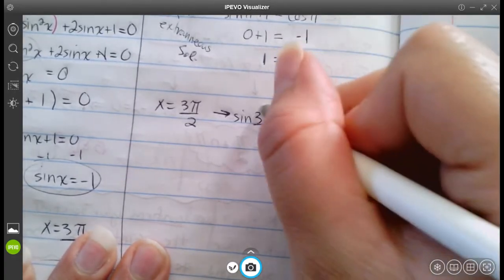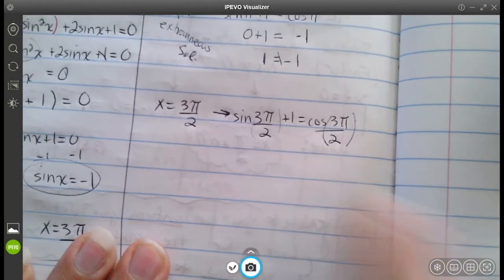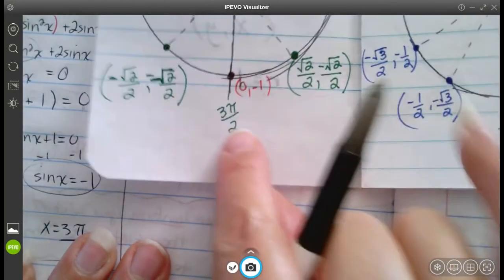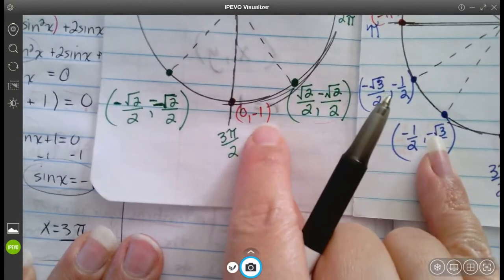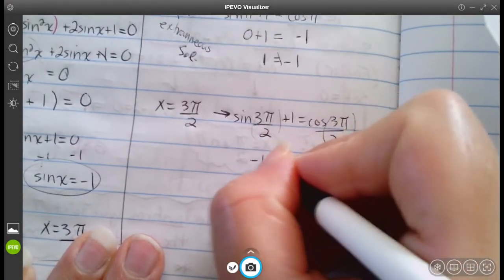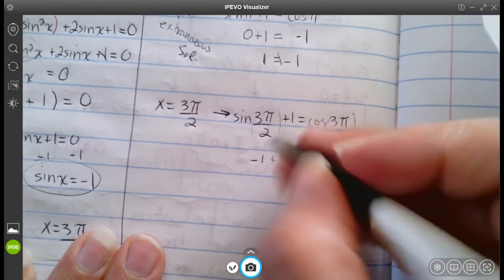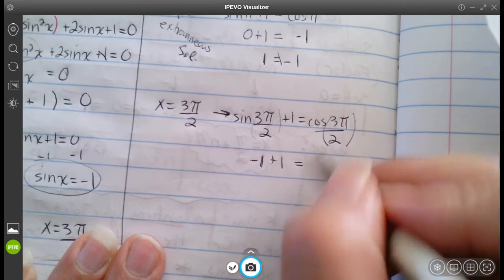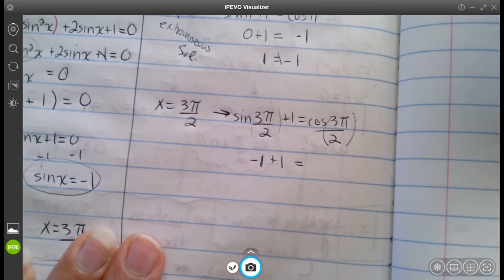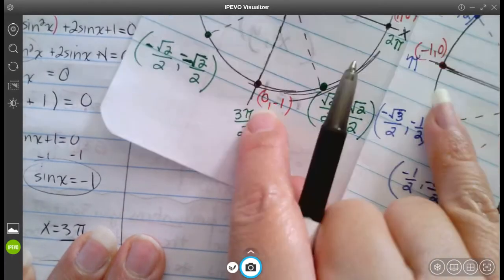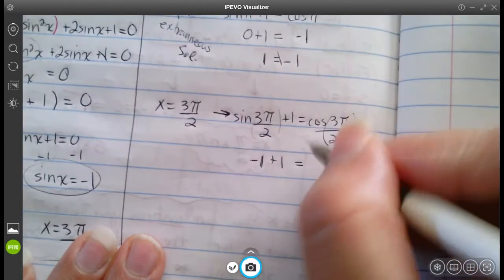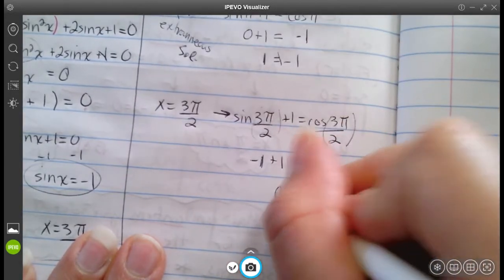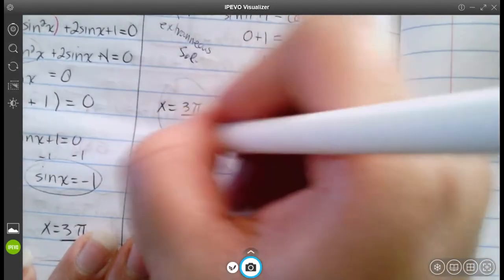Don't put the division under the cosine. So same thing, we look at 3 pi halves, it's down here. Sine is negative 1 there, so we have negative 1 plus 1. Cosine of 3 pi halves, if I look at that value, my x right there, is going to be 0. Negative 1 plus 1 is 0. So this is also going to be a solution.